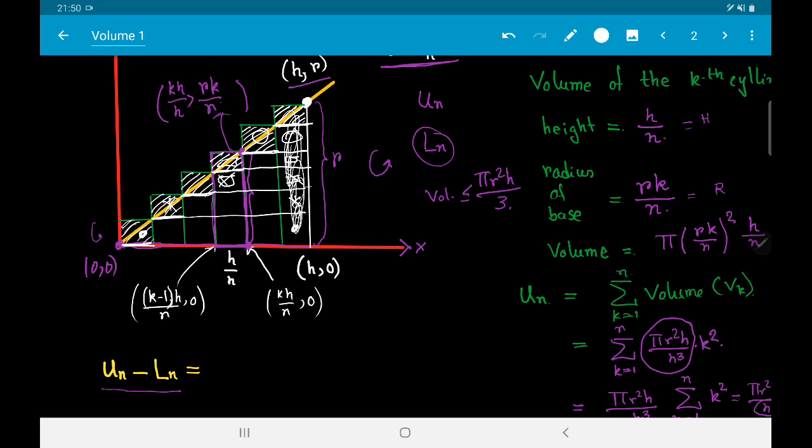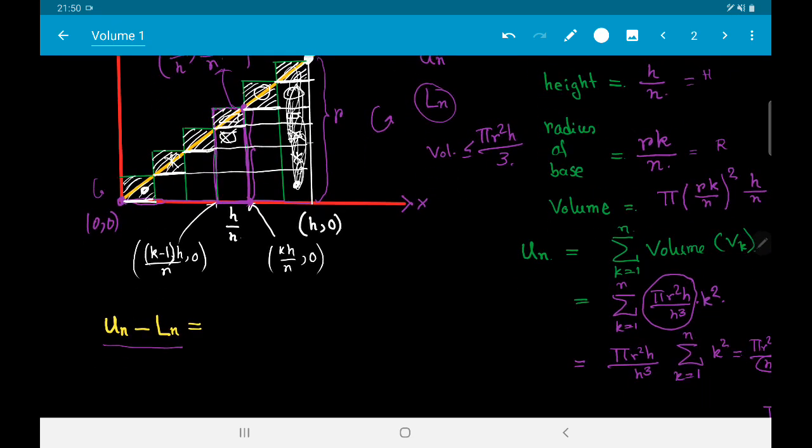So then what is un minus ln? Un minus ln is nothing but the volume of the right circular cylinder, which is obtained by rotating the biggest rectangle about the x-axis. And what is that?